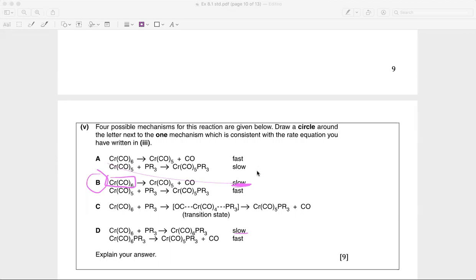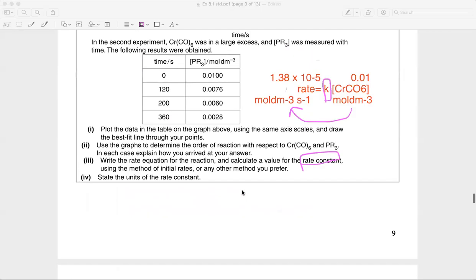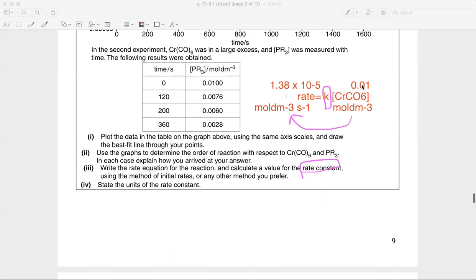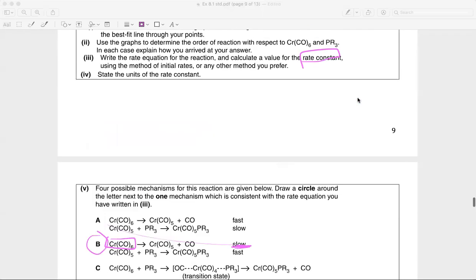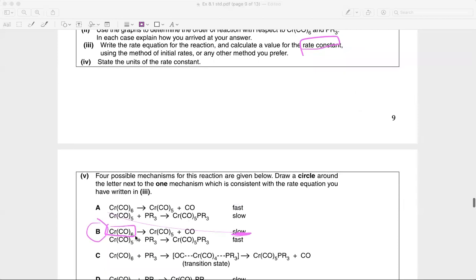I repeat, the mechanism is B because only CrCO6 appears in the slow step, which agrees with the rate equation. Whatever you see in the rate equation, you must see that same species in the slow step, and only that.